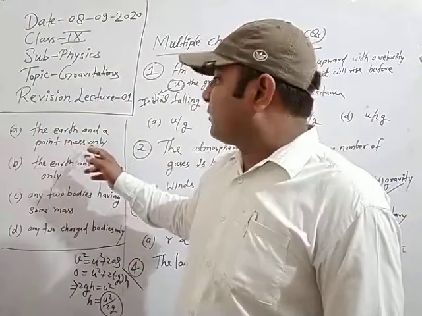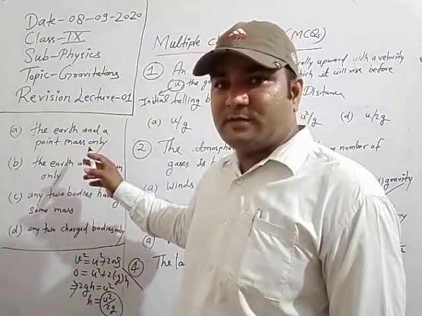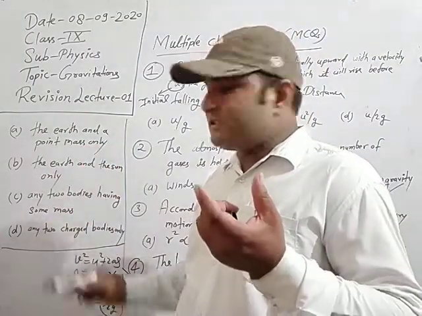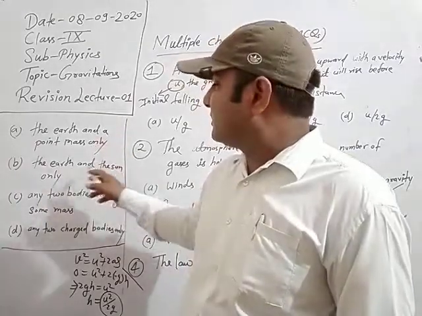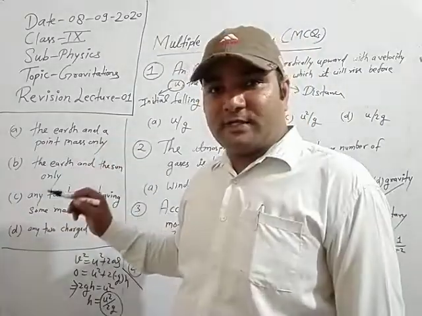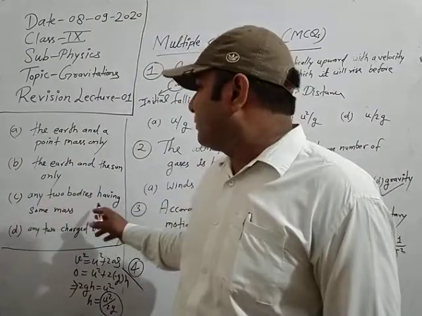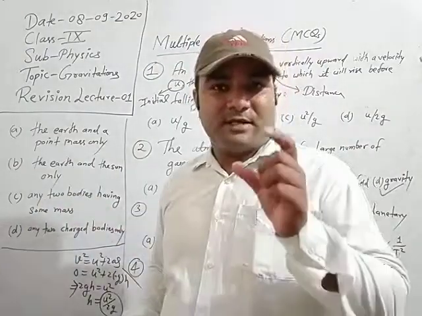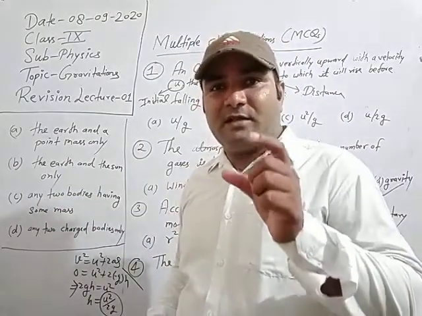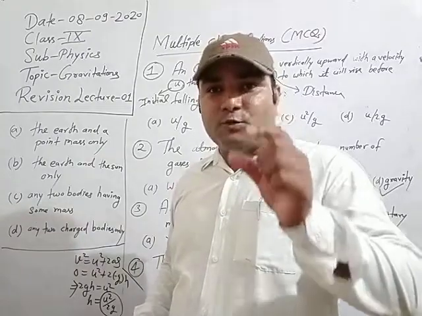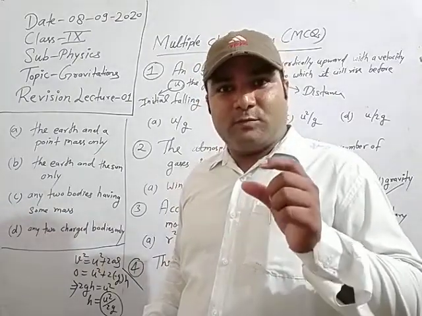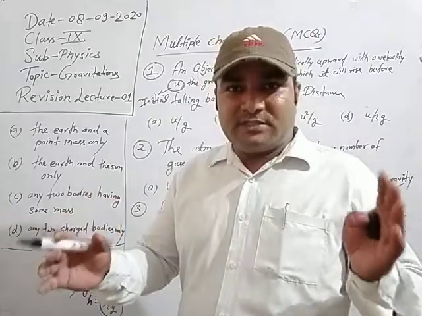The law of gravitational force between the earth and a point mass only, not possible. It means this statement is not perfect. Next one, the earth and the sun, also not correct. And third, any two bodies having some mass. It means, as I explained earlier, Newton's law holds for any two bodies having some amount of mass, then Newton's law is applicable.